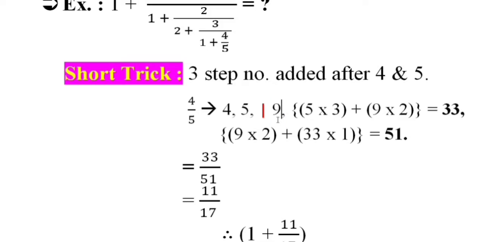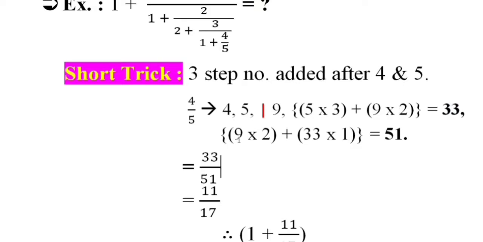And 5 into 3, 5 into this 3 plus 9 into 2. This 9 into 2, this 2, equals 33.